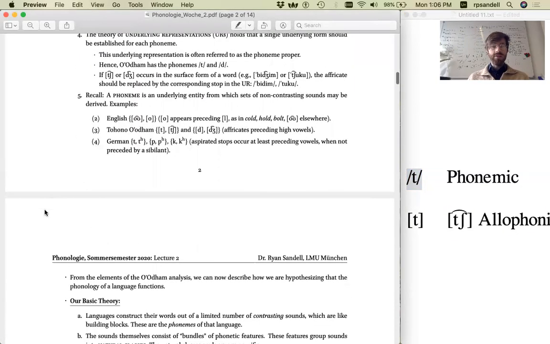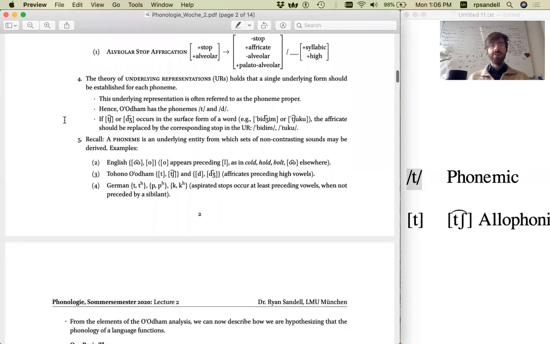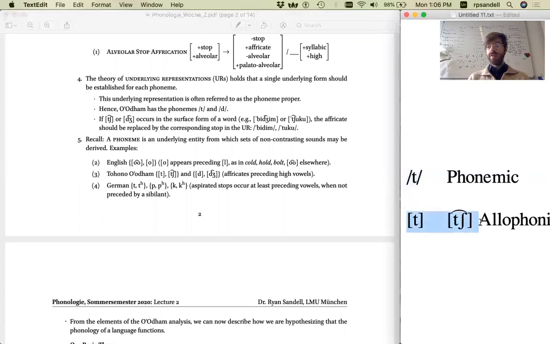And let's take one other little reminder here, that a phoneme is going to be an underlying entity from which sets of non-contrasting sounds may be derived. So precisely when sounds stand in complementary distribution to one another, when their occurrence is determined by phonological environment, then they can't be used to distinguish the meanings of morphemes or whole lexemes.